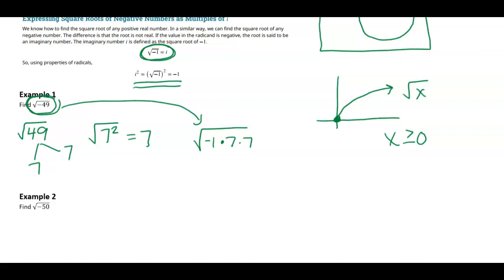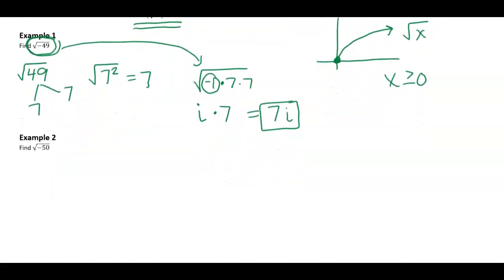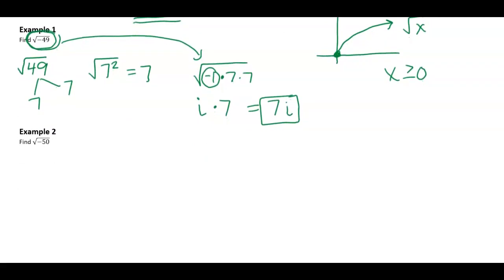The square root of -1 gives me i, and then the square root of 7 squared gives me 7. I'm then going to write this as 7i. Here is another example. Find the square root of -50.